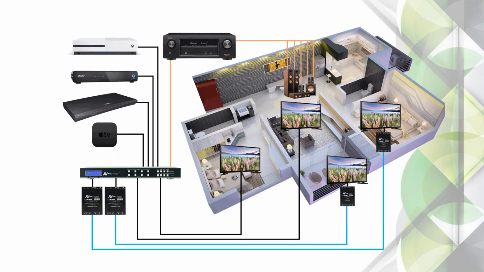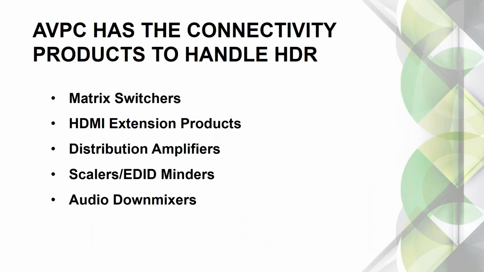All you need to do is make sure that the AVR, the display, and the source are fully capable of handling those high value, high bandwidth signals. And not to mention the HDCP 2.2.